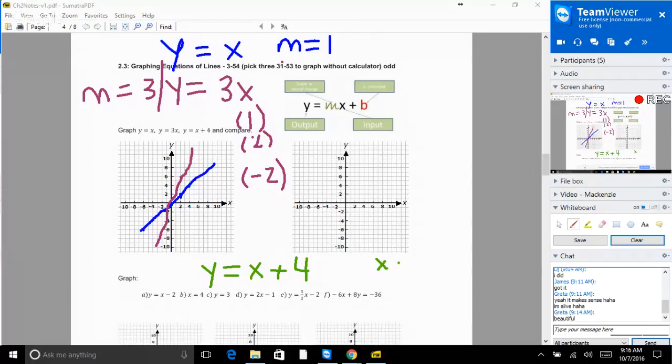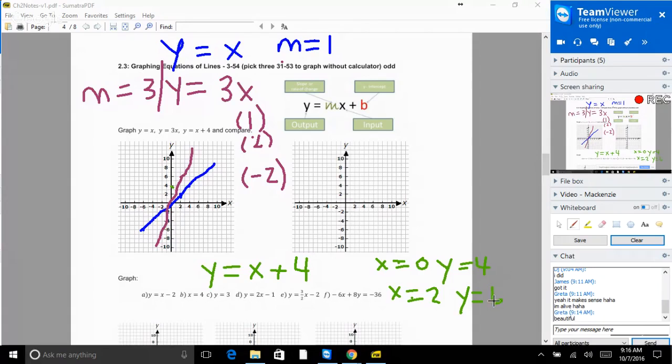Say, okay, well, when x equals 0, because I always like when x equals 0, right? When x equals 0, that means y equals 0 plus 4, which is 4. So that's one of my points. X equals 0, y equals 4. Right up here. Okay. What about when x equals 2? 2 plus 4 is 6.